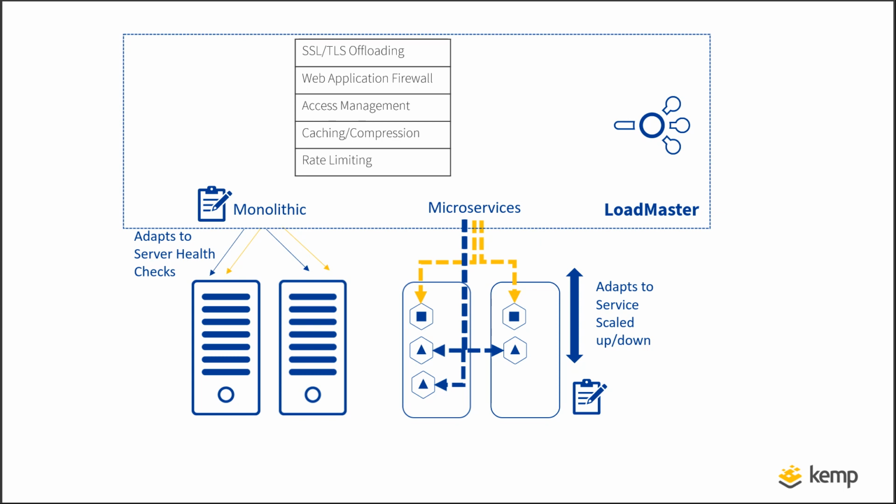A simplified way of explaining it: with a monolithic application, the role of a load balancer would be to take incoming requests and basically distribute them across your servers. So you can see here on my monolithic app, I have 2 servers, I have requests coming in, and they get sent across them.